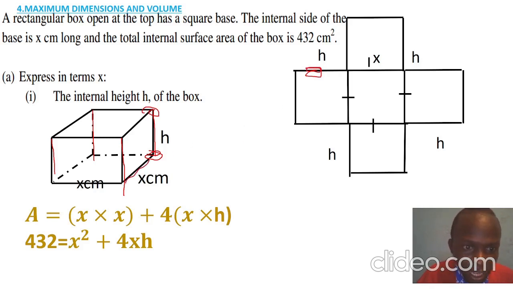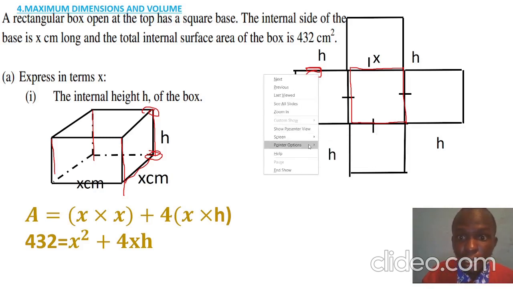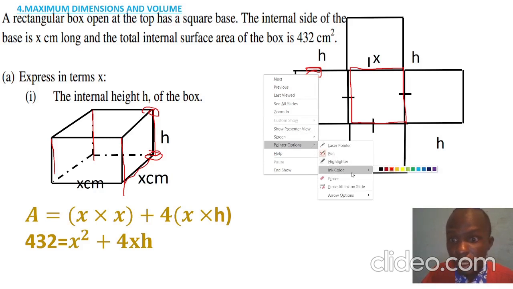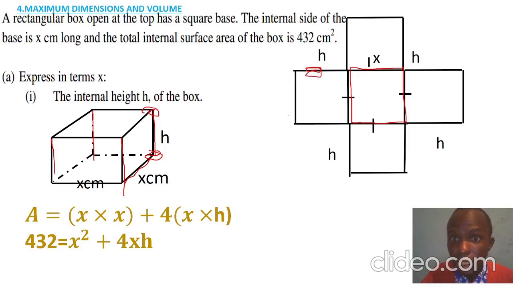The base is x, and this is x throughout. That is x, that is x, and that is x. So that is the material, the internal dimensions. And the question has stated clearly that the total surface area of the internal dimension is 432.